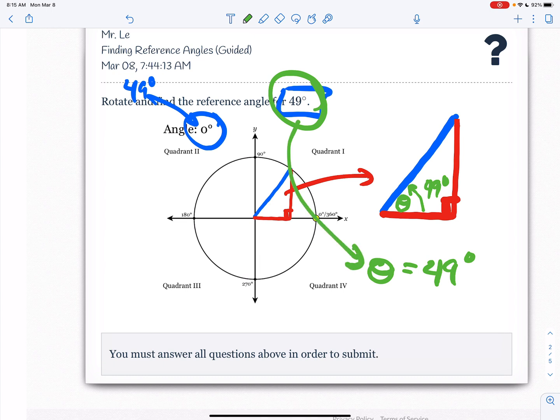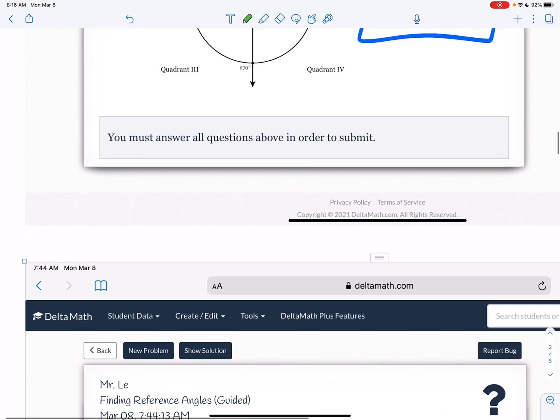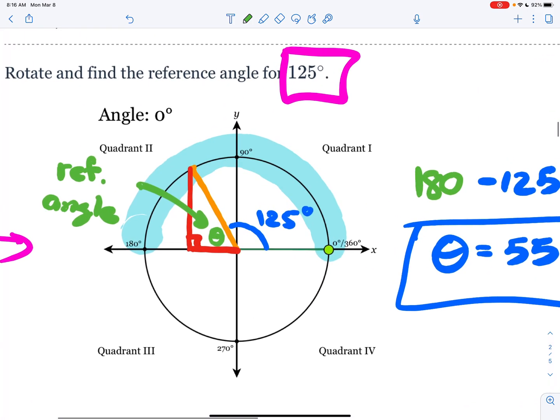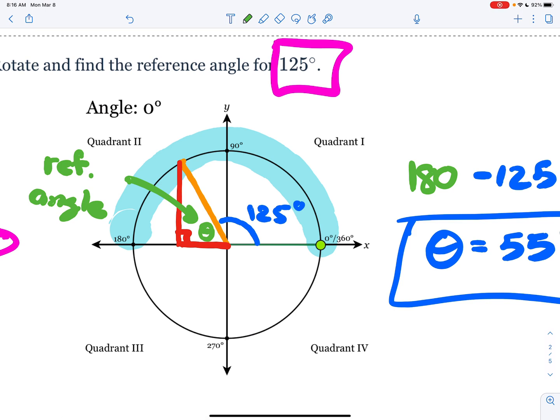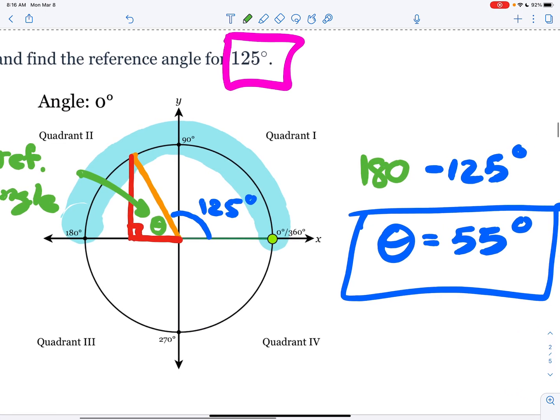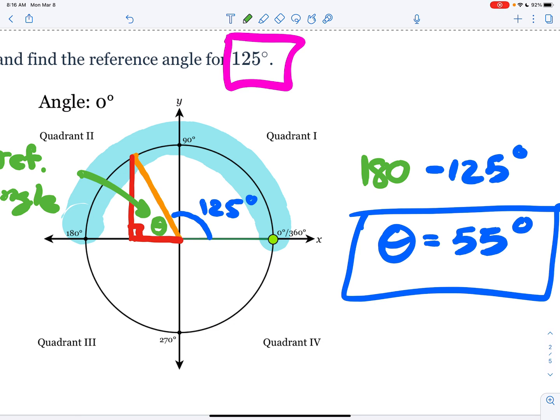Okay? Whereas the last one, 125 degrees was definitely not acute, so we actually had to find out what that green theta was. And we knew that a semicircle was 180, so we just subtracted 180 minus 125 there, okay?